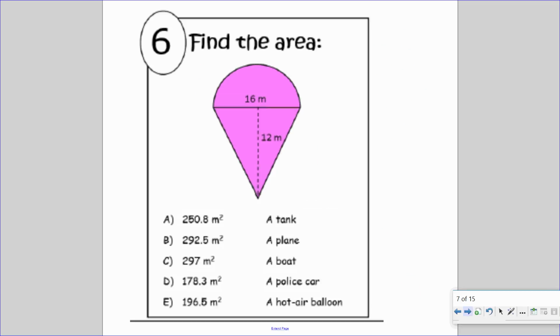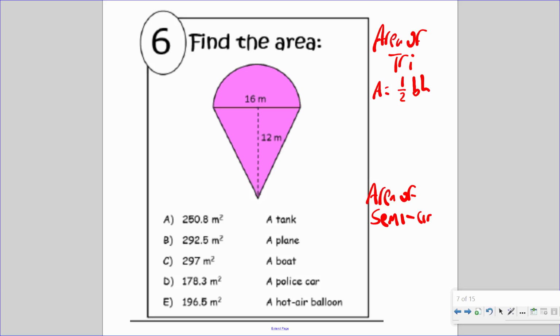Oh, so what two things? I see the area of a triangle, and I see the area of a semicircle. To find the area of a triangle, you have to multiply half of the base times height.